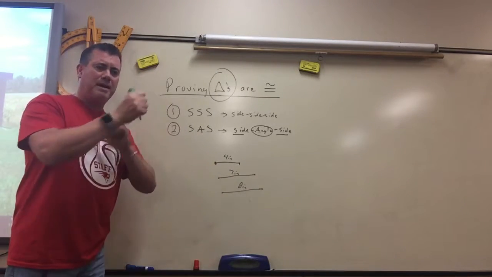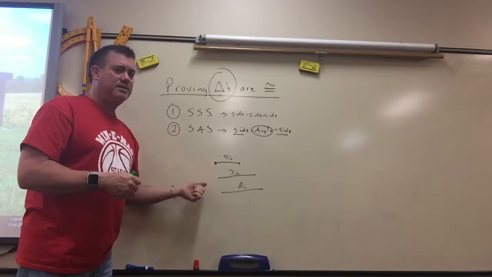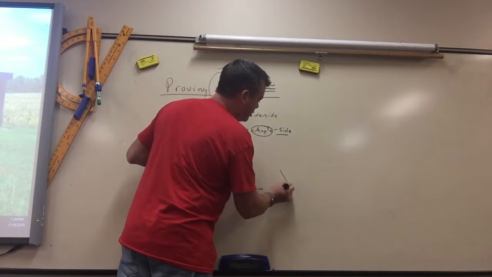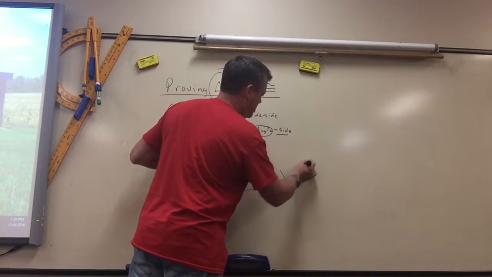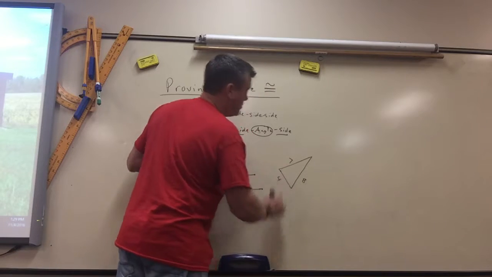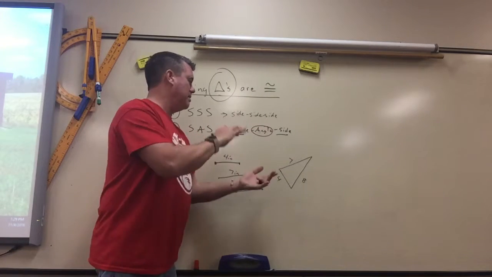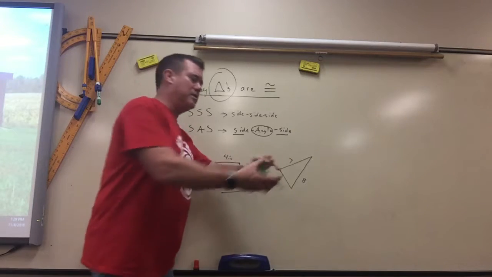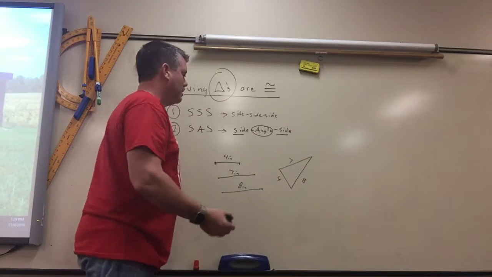You wouldn't be able to bend them at all, because then they wouldn't hook together. You could turn it and everything, but every triangle would be that shape, and you'd be able to turn it and put it on top of there.